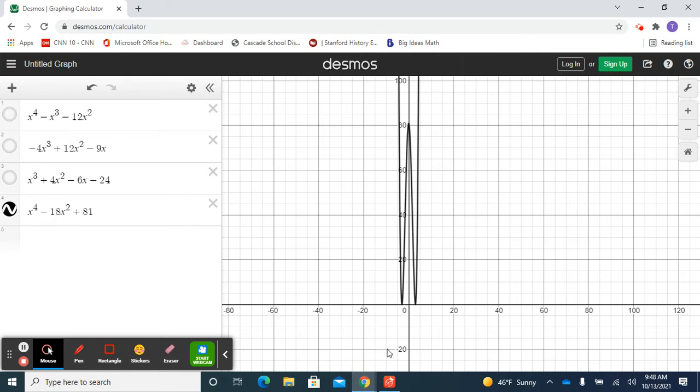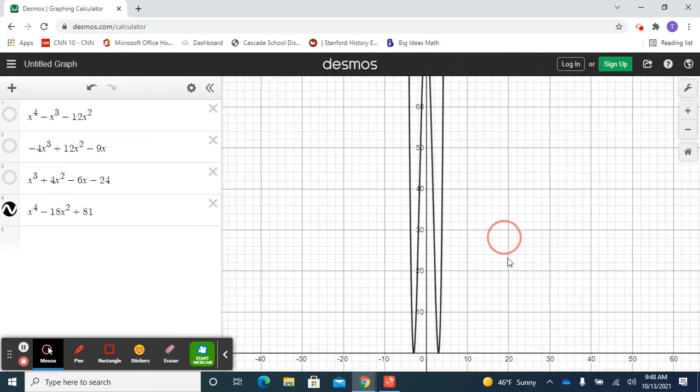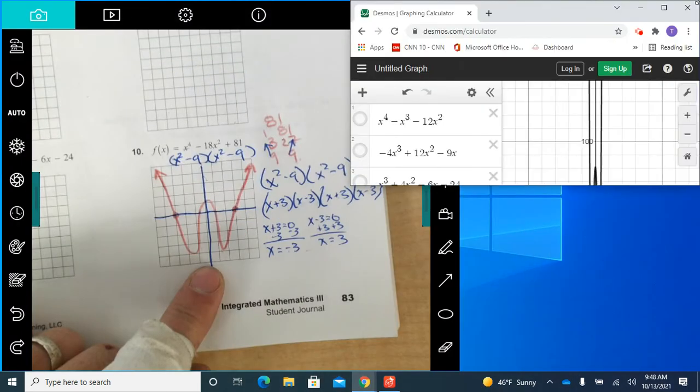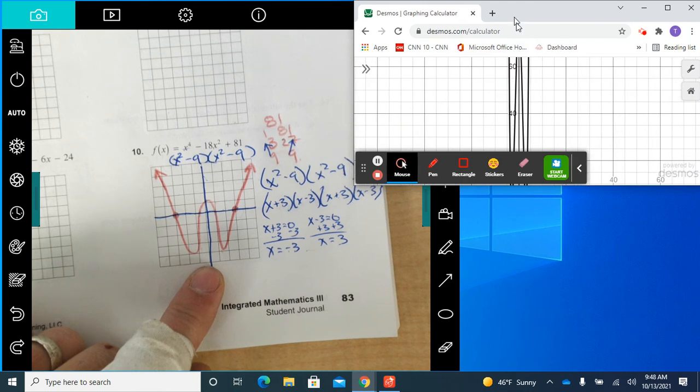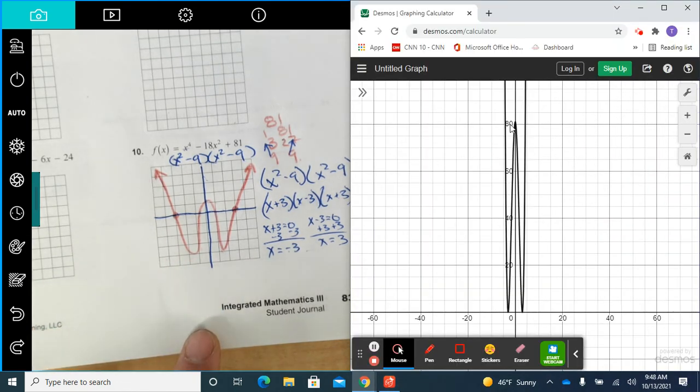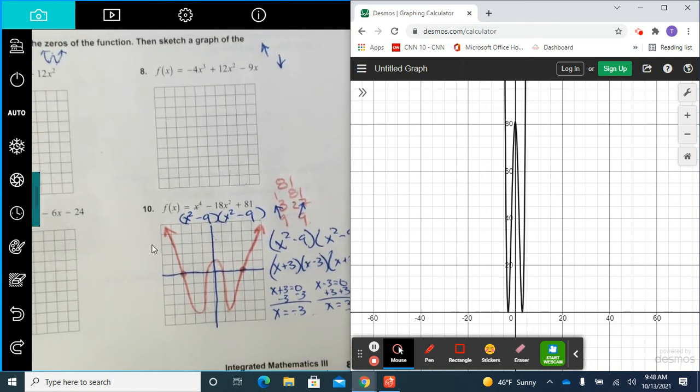So I had mine dropping below, but what we want is the characteristics. So you have the end behaviors. They both go up. And then you have 1, 2, 3 turns. So that suffices for your graph.